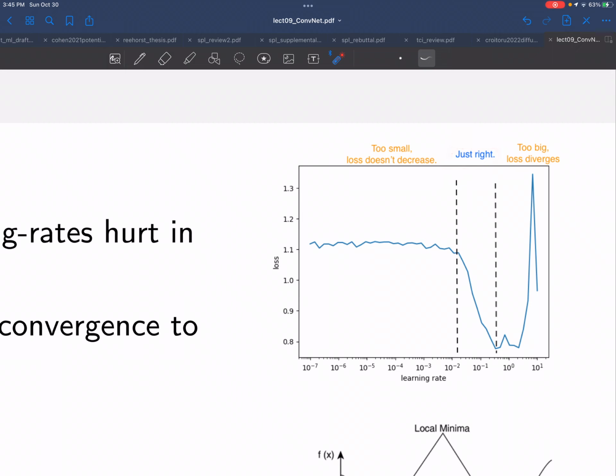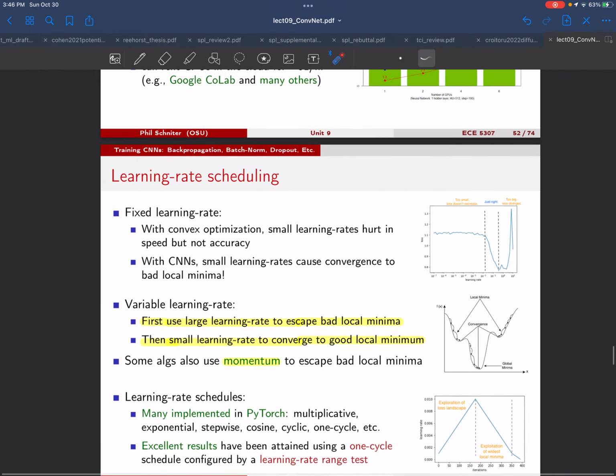Once the learning rate starts to get too big, the loss is kind of invariant to it. It's a good loss, but it's a little bit inconsistent. And once you make your learning rate really big, the algorithm diverges and it just doesn't work well. So this is the range you'd like to be in, where things are going to work the best.